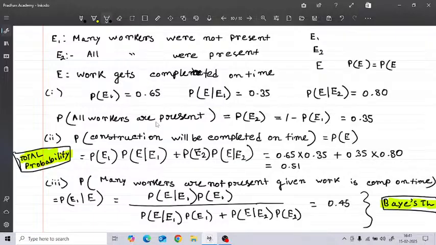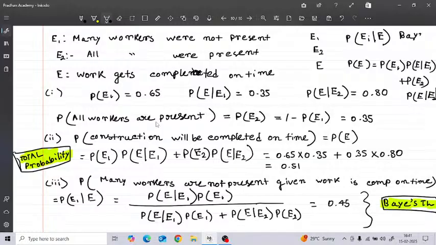That is nothing but probability of E1 into probability of E bar E1 plus probability of E2 into probability of E bar E2. And whenever you get a question where it is asked to calculate the probability E1 bar E, then you have to use the Bayes theorem. This question is very much important for your boards.